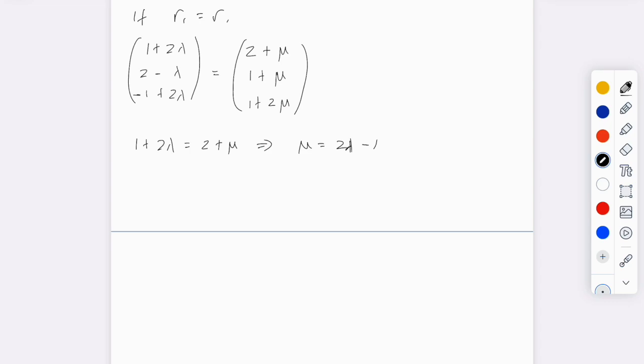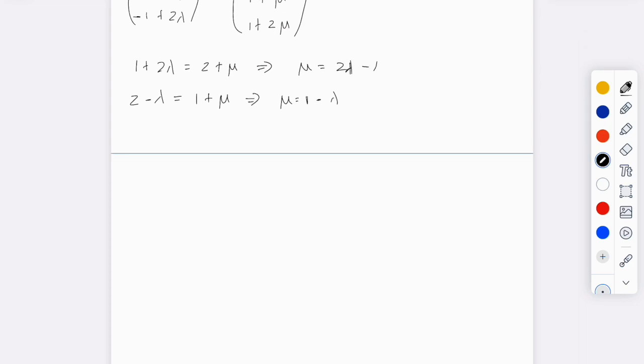And meanwhile, from the second equation, what we get is 2 minus lambda is equal to 1 plus mu. Which means that lambda is going to equal negative mu plus 1. Actually, it might be better for me just to say, from this, mu is equal to 1 minus lambda.